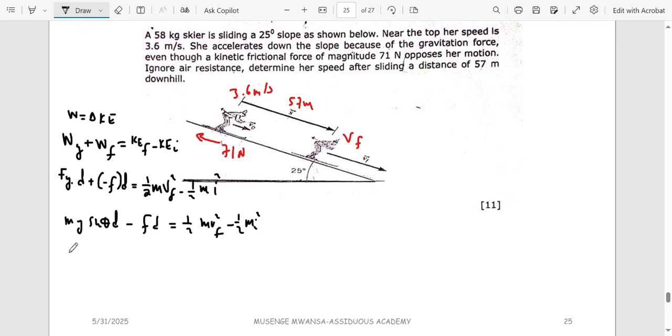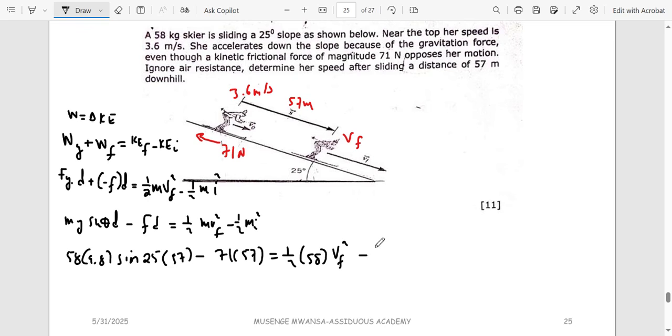The mass is 58, g is 9.8, sine 25, the distance covered is 57, the force of friction is 71, the distance is 57, that will be equal to half, the mass again is 58, we don't know the final velocity, minus half, the mass is 58, the initial velocity there is 3.6.